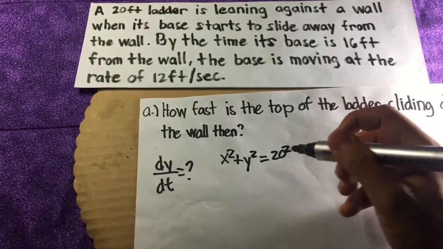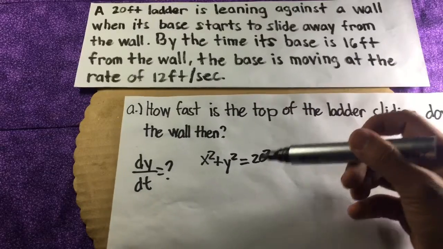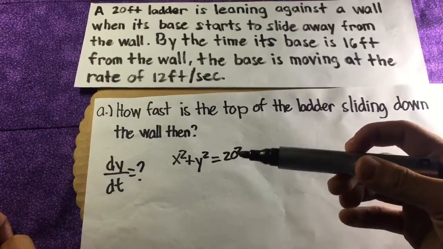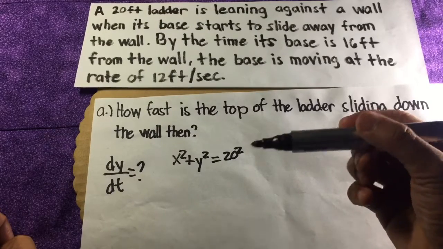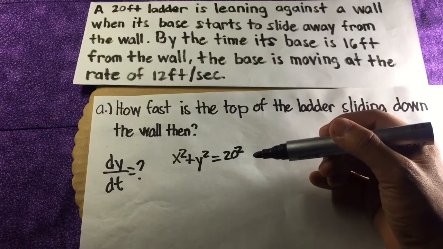Since 20 is constant, we implicitly differentiate both sides of the equation with respect to t.